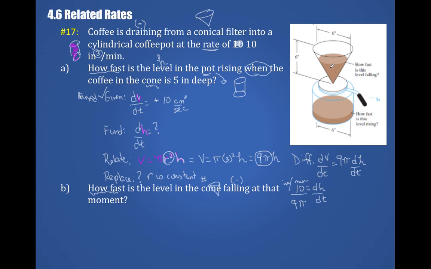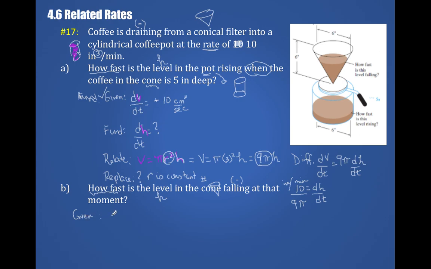So the level in the cone, right? Here's the level. When they talk about level, what are they talking about again? Right? So I'm still given, what am I given? Same thing I was given before.